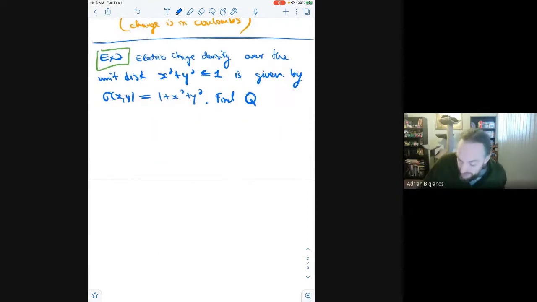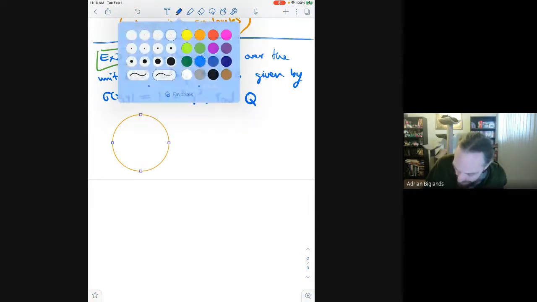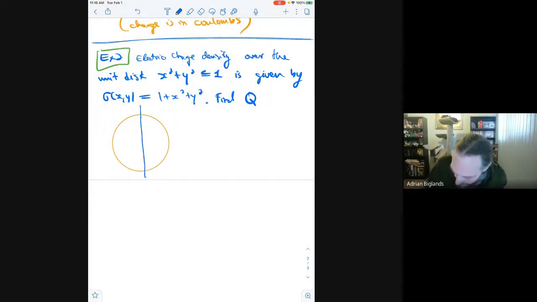So in this region, what we have is the unit circle. And so the best way probably to do this, we could write this in Cartesian, type 1.